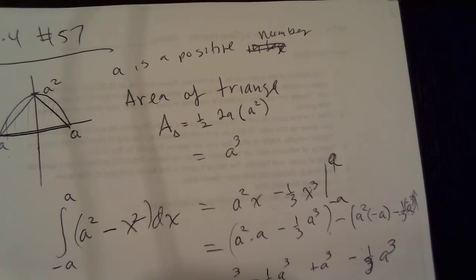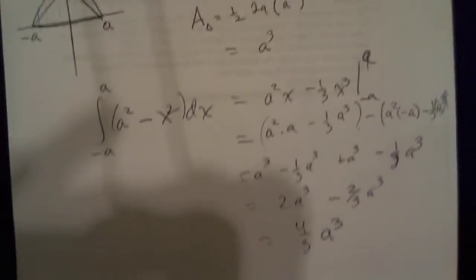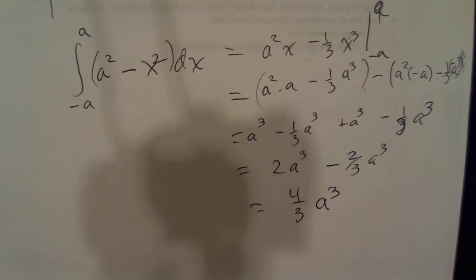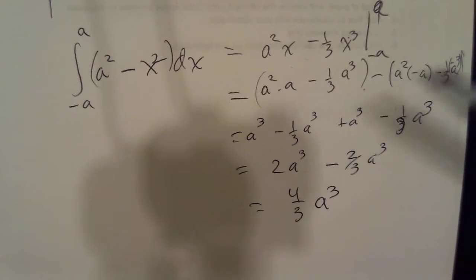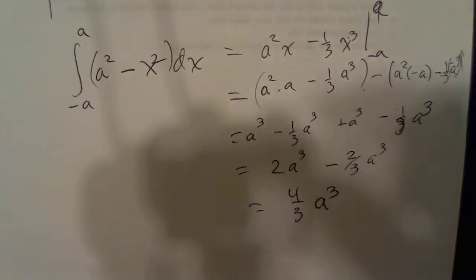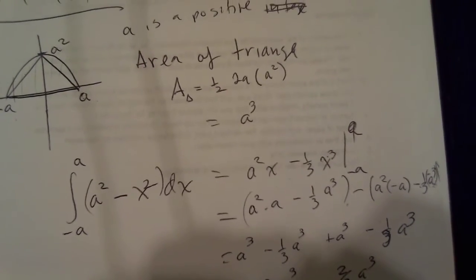We get 4/3 a cubed. And that concludes our proof essentially. We've shown that the area under the parabola is 4/3 a cubed, but above I showed that the triangle has an area of a cubed.